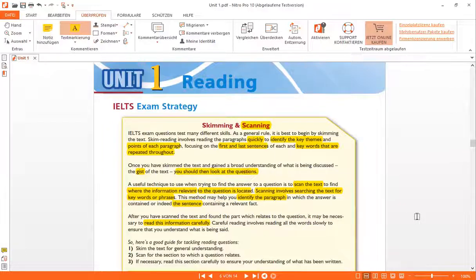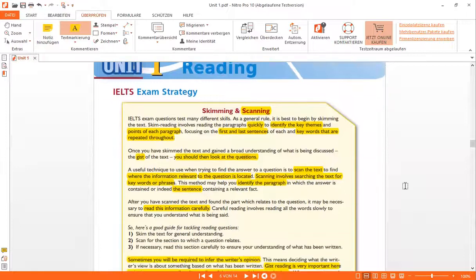But apart from that, most of the questions follow the paragraphs. So you know that question 1 has something to do with paragraph 1. Question 2, you will need to answer using the sentence that comes after the one that you used to answer the previous question, all right?